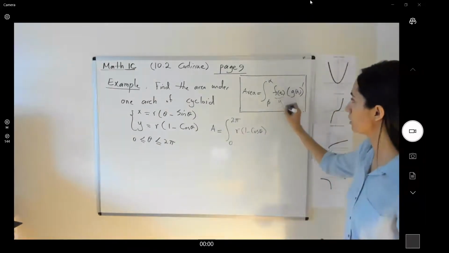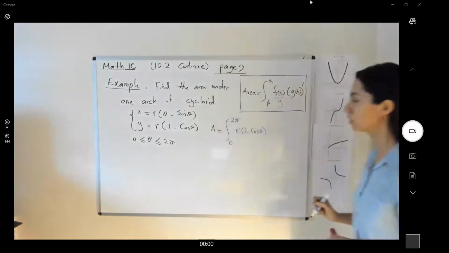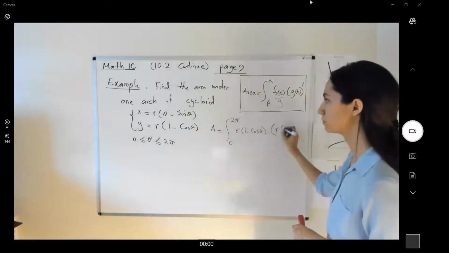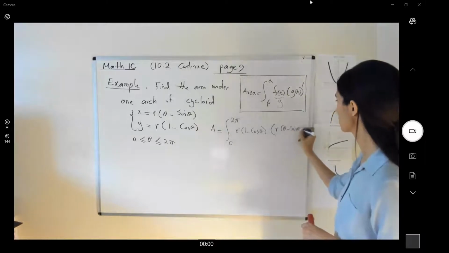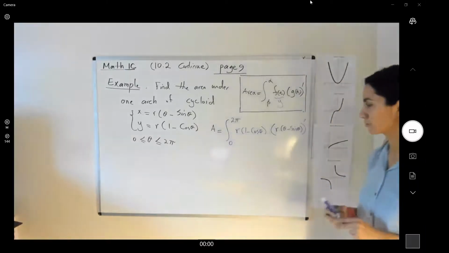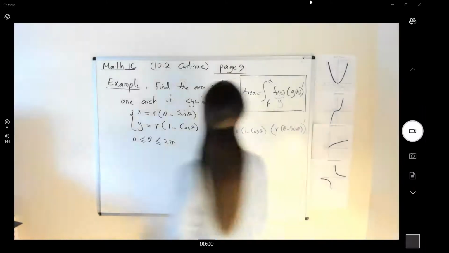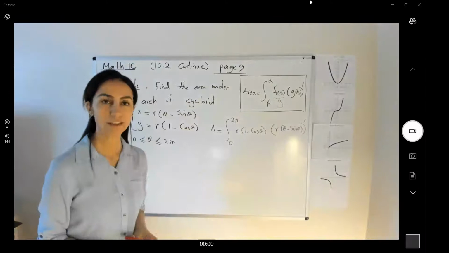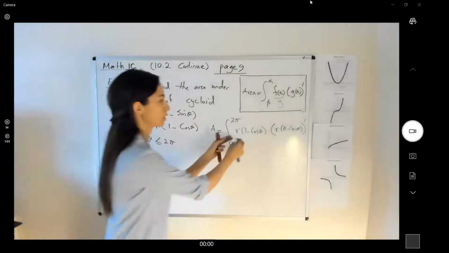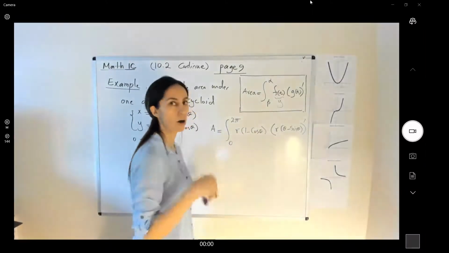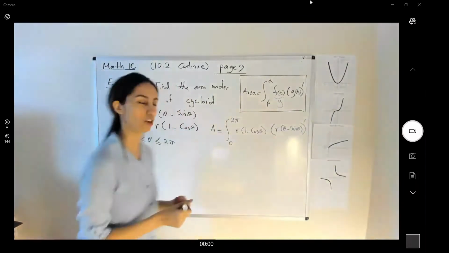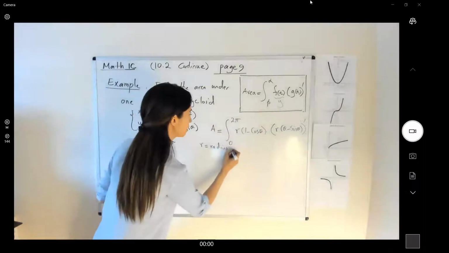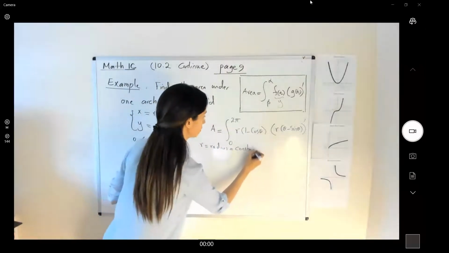And we have to take the derivative of your x, r theta minus sine theta. r is just the radius, a constant or a number, so you can write r outside the integral.